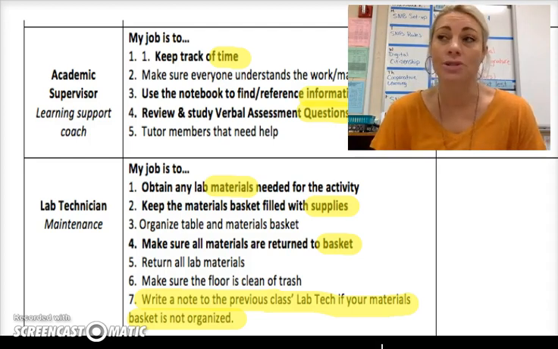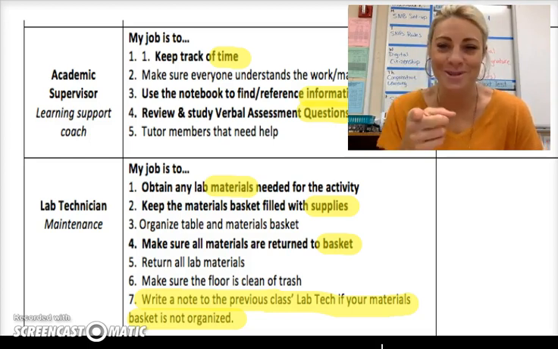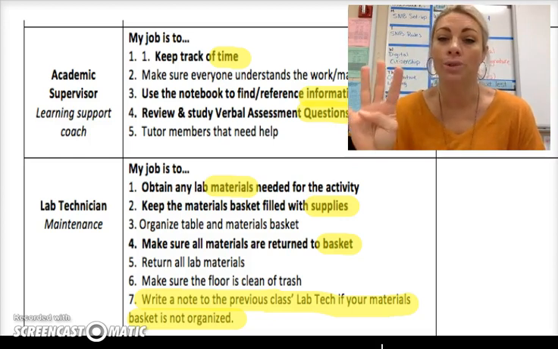Now, the lab tech is in charge of making sure everything gets cleaned up every day, but the lab tech is not your mom. The lab tech is not supposed to clean up after you. They're just supposed to make sure that you clean up after yourself. These are the 4 roles of the people who are working in teams when we're working with our cooperative learning teams.